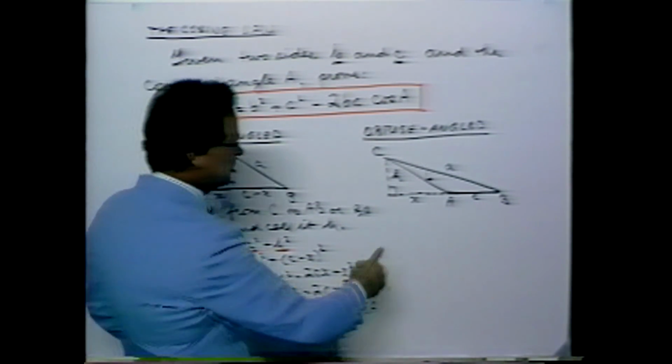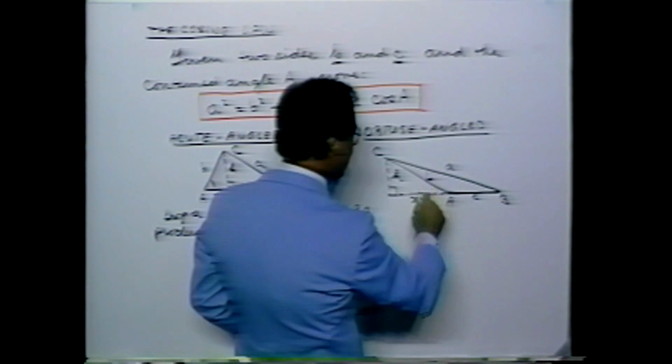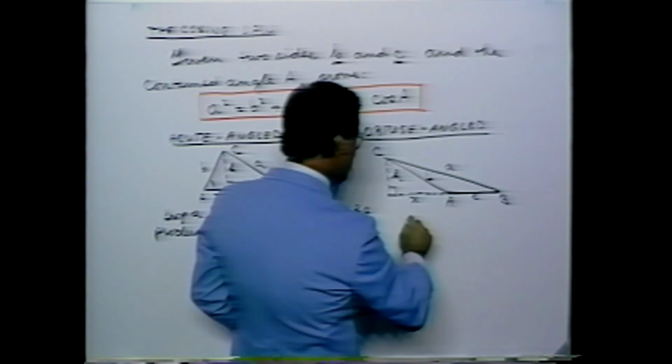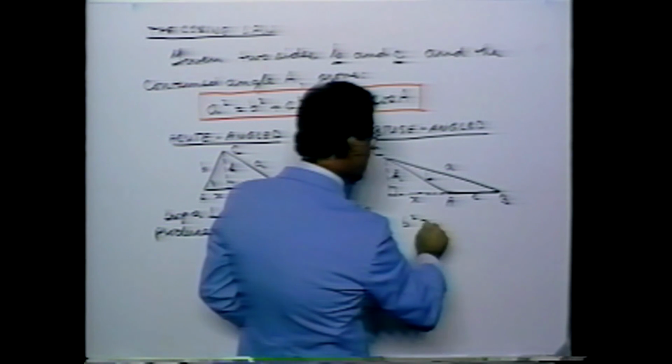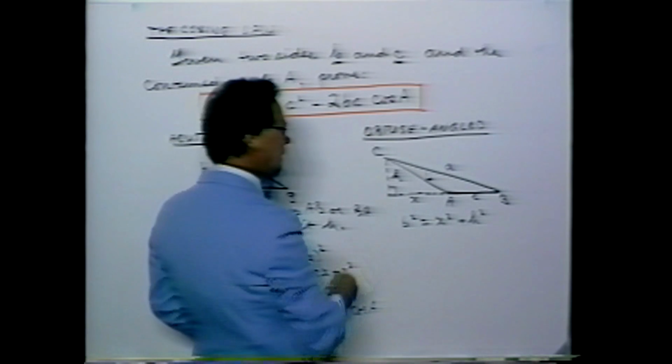On the other hand, we have in this triangle, in the obtuse angle triangle, the fact that b squared is equal to x squared plus h squared by the Pythagorean theorem.